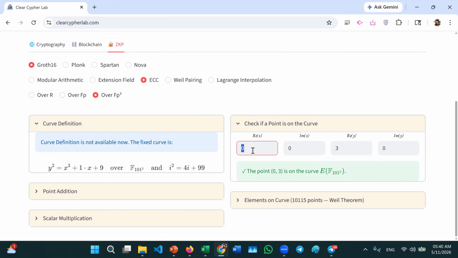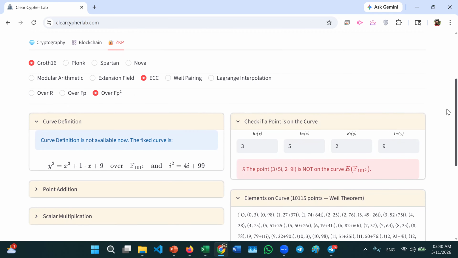For instance, if I put 3 and then 5 and then 2 and maybe 9, this is not an acceptable element, right?